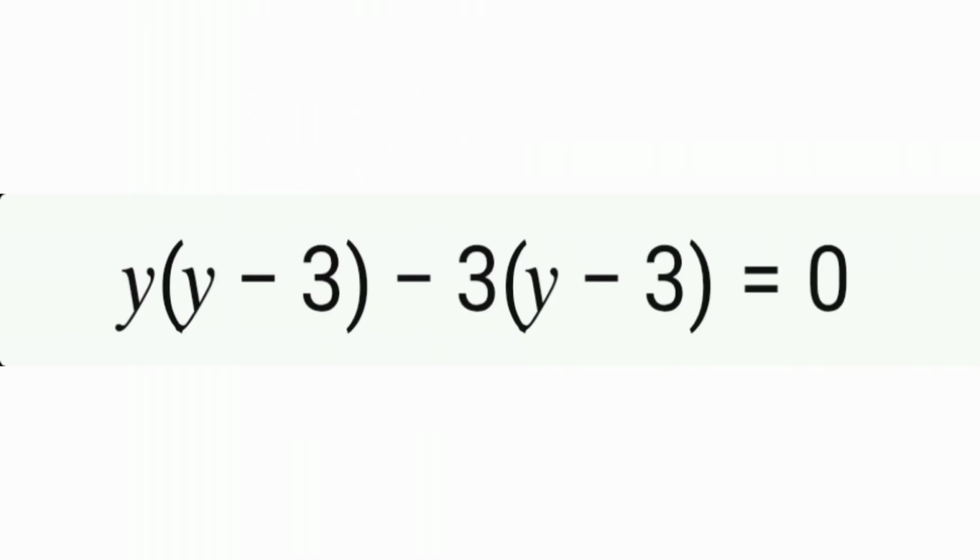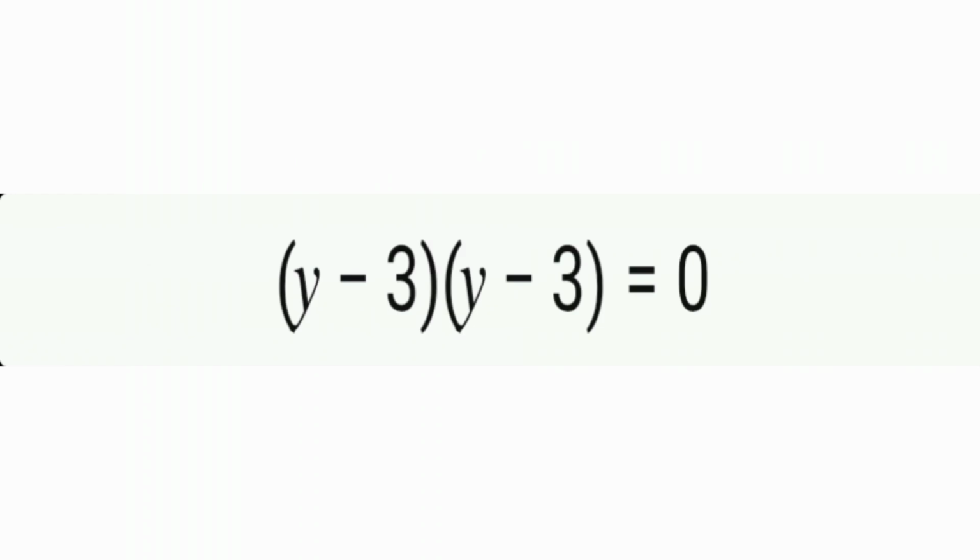Then we factorize by pairing. Y is common in the first case, whereby y squared divided by y is y, and 3y divided by y is 3. Then in the last part, what is common is 3. We factorize that, and then our equation becomes that, meaning that our roots are repeated.